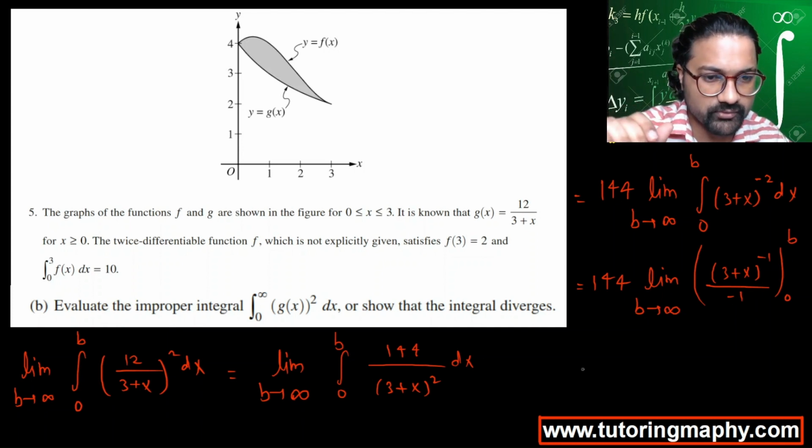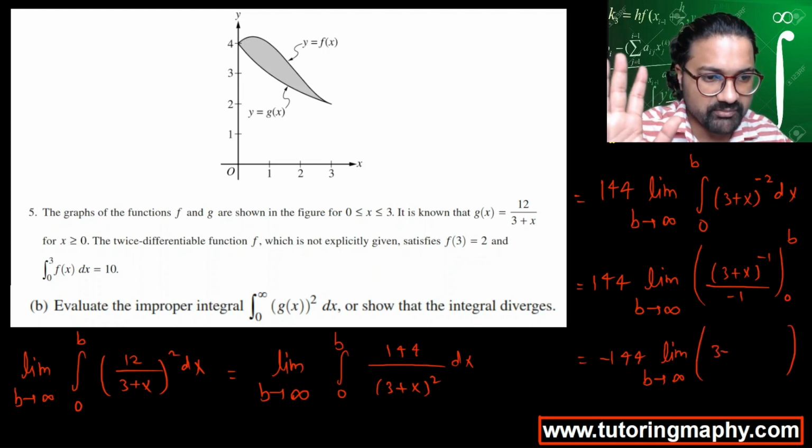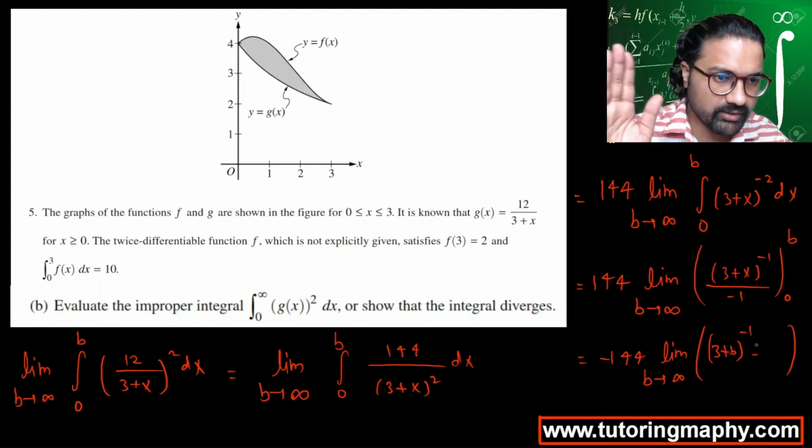I hope you're able to follow. Again, this negative sign, I'm just going to pull it out. I don't like that inside. So negative 144, limit still remains intact of b approaching infinity. The upper limit is going to be 3 plus b raised to minus 1 minus the lower limit where x is 0.